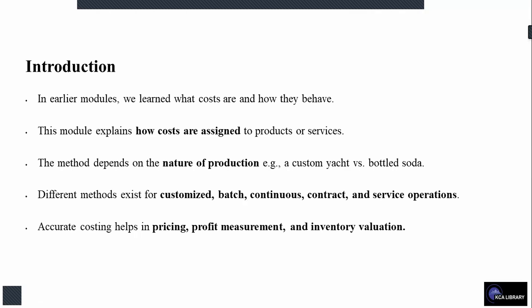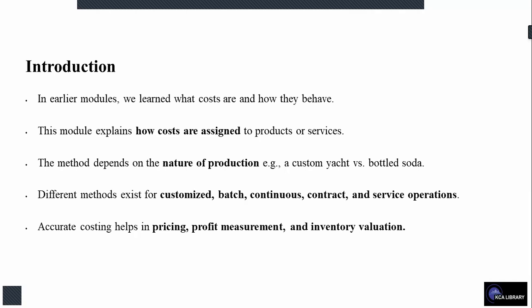In the earlier module, we've been able to learn what costs are and how they behave. And this module explains how costs are assigned to products or services. The methods depend on the nature of production, for example, a custom yard versus a bottled soda.